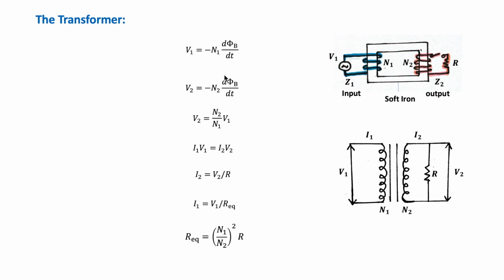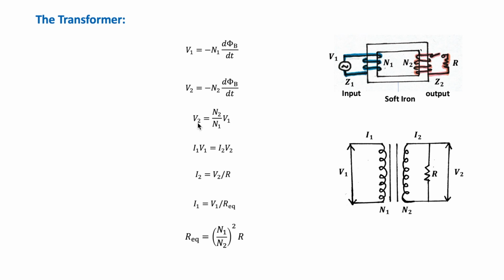And since d phi b over dt is equal in both, we get this equation. So as you can see, if N2 is greater than N1, then V2 is greater than V1, okay? And in this case, the transformer is referred to as a step-up transformer. If N2 is less than N1, the output voltage V2 is less than the input voltage V1, and the transformer is referred to as a step-down transformer.